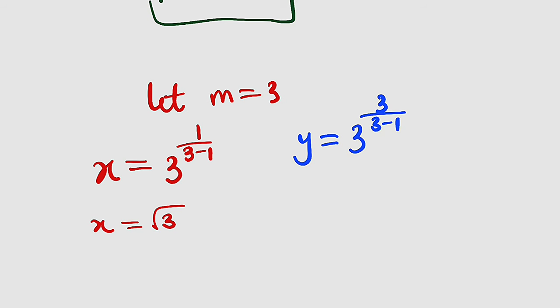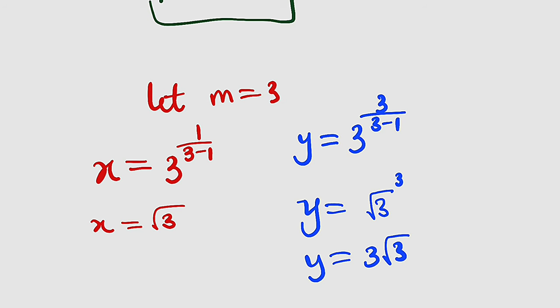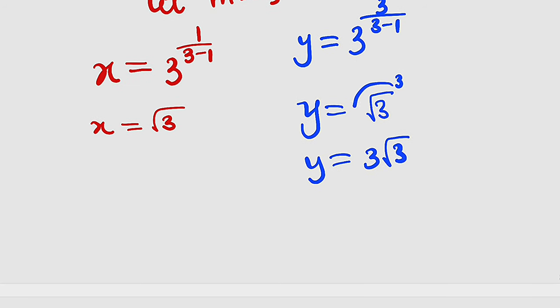This is 2, right? So this is the same thing as saying the square root of 3 to the power of 3. And square root of 3 to the power of 3 is the same thing as 3 multiplied by square root of 3. Remember, this is square root of 3 times square root of 3 times square root of 3. If you combine 2 together, you have 3. Then we have the other square root of 3.